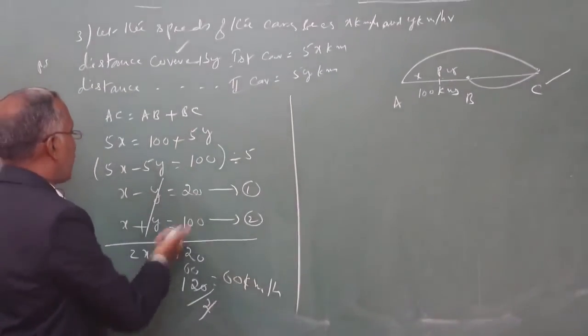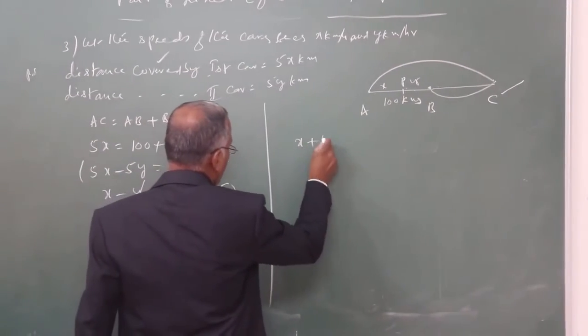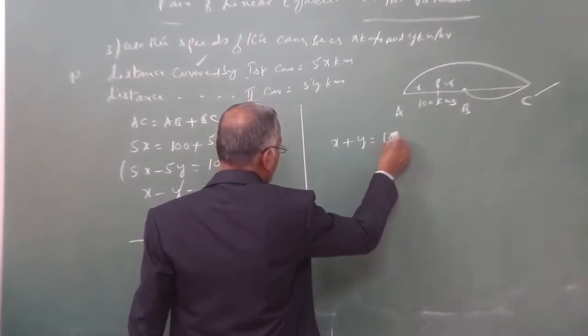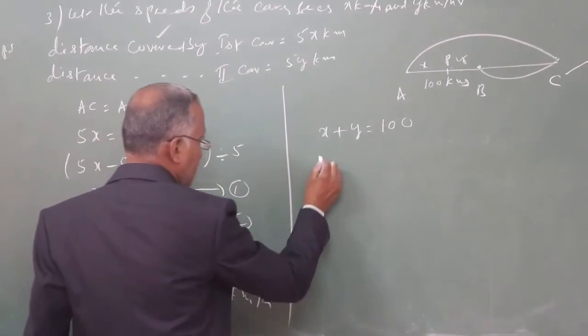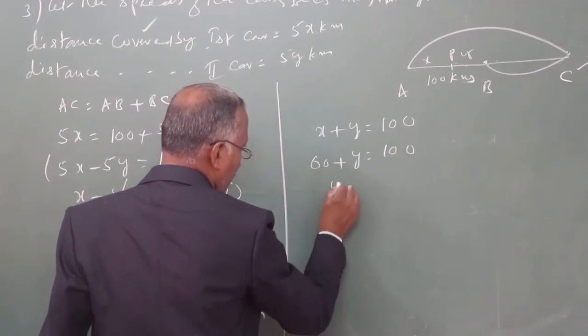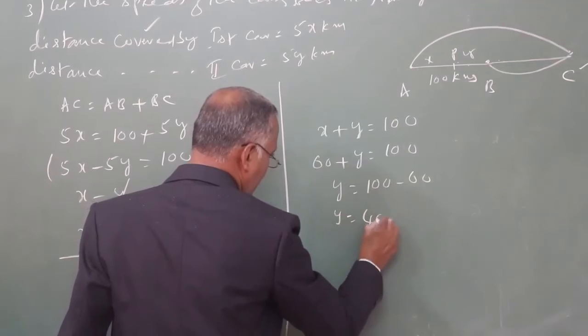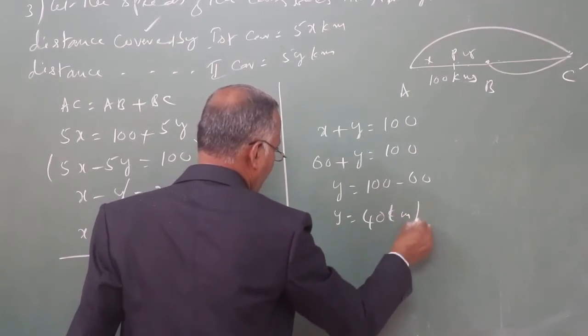Substitute this value either in the first equation or in the second equation. In the second equation, you know that x plus y is equal to 100. Value of x is equal to 60. 60 plus y is equal to 100. y is equal to 100 minus 60, which is equal to 40 kilometers per hour.